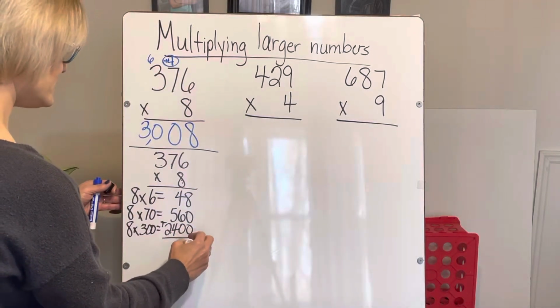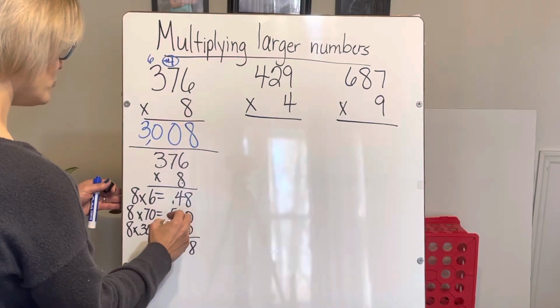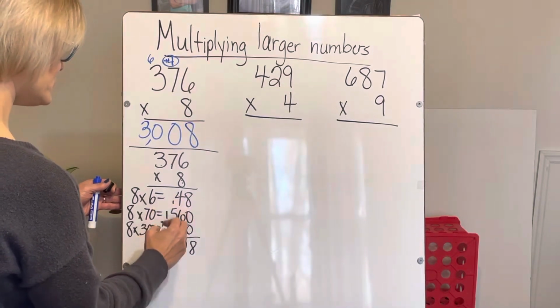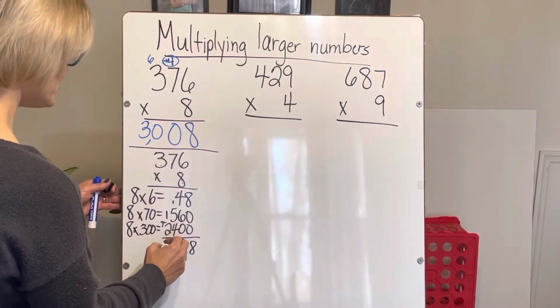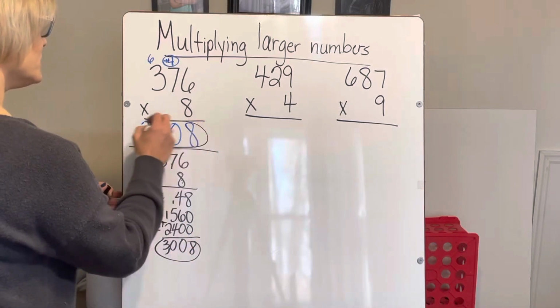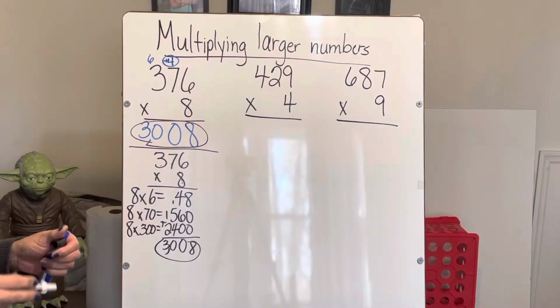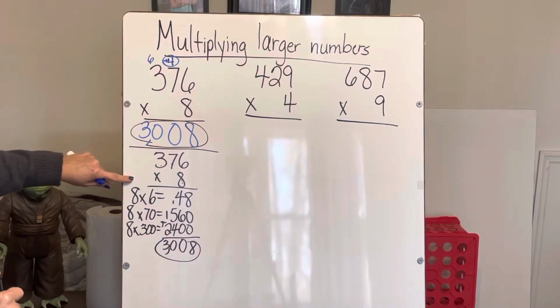So we have 8, we have 10, we have 4 plus 5 plus 1, which is 10, and then we have 1 plus 3 plus 2, which is 3. So we get the same result, we just have two different ways that we can do it. You can choose the traditional or the partial product, all right?